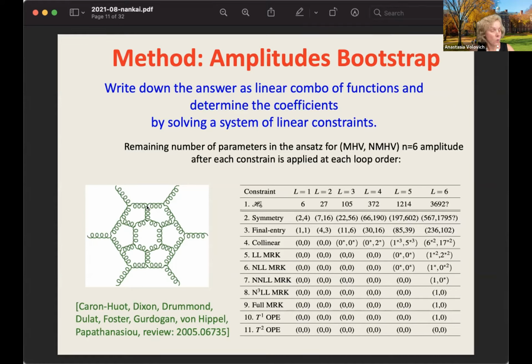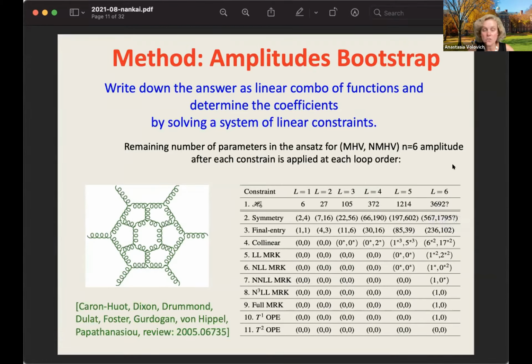And so how does one fix these coefficients? Well, one fixes these coefficients by setting various physical constraints on those parameters. So here I copied a table from this review that I already mentioned. Say you start at 6 loop, you start with some 6-loop amplitude with 3,672 parameters, and then you start applying constraints.